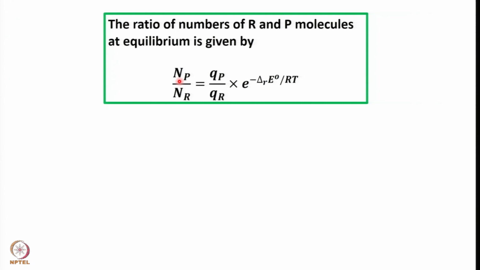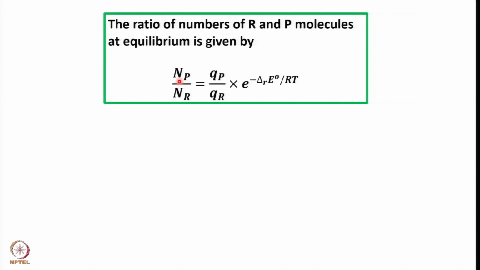How does the number get converted into concentration? Suppose I have X gram of product or reactant. Then from X gram, dividing by the molecular weight, I can calculate the number of moles. One mole is equal to Avogadro constant number of molecules. Therefore, from the given number of moles you can calculate how many molecules there will be.